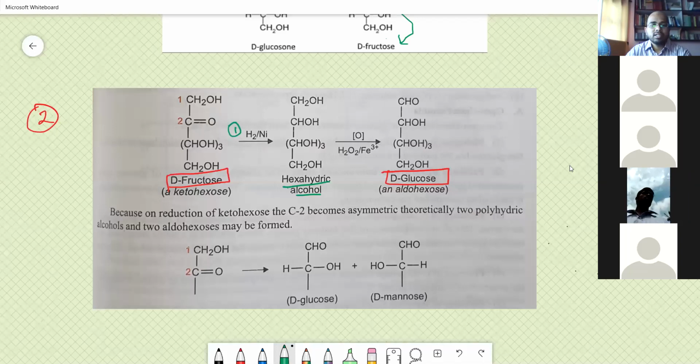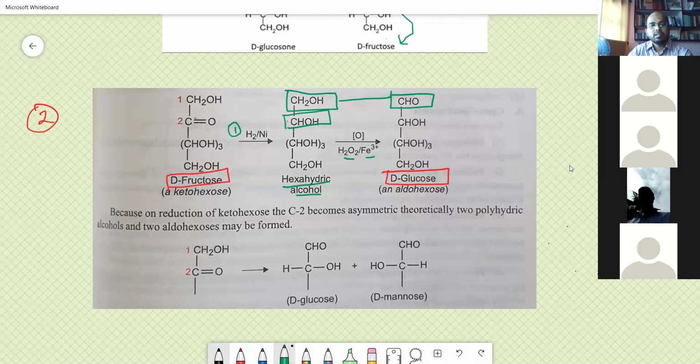So this is oxidized in the presence of H2O2 and Fe3+ to selectively convert this particular CH2OH into CHO. Okay. So what you are doing here, this CO is also getting converted into CHOH, the second carbon atom.